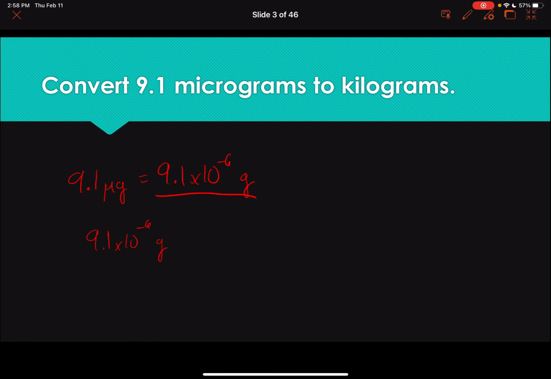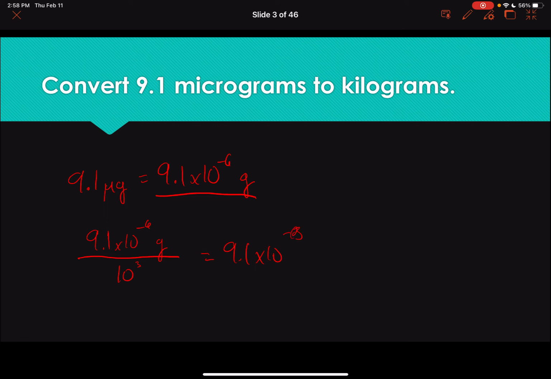So in this case, we're going to divide this number by 10 to the power 3. Or in other words, we're going to subtract the power. That might be an easier way to think about it. So in this case, we're going to subtract 3.